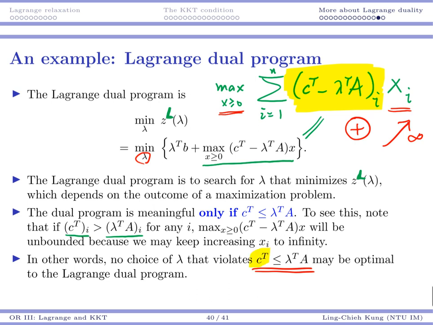Or you may say your c transpose must be less than or equal to lambda transpose A. Only if that's true does your optimization here make sense. Because once this is not true, the inner part goes to infinity and there's no way to do minimization. So you must make this hold, and then the thing here does not go to infinity.